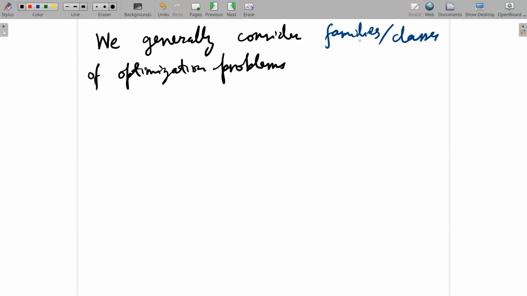This is just a repetition of the comment I made a few minutes ago. Linear programming is a family, variational calculus is a family. These are families of optimization problems. And for each family, we will have certain nice algorithms, if not analytic forms. Okay. So, characterized by particular forms of the objective and constraint functions.